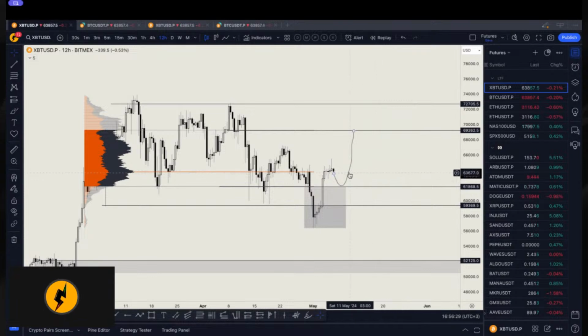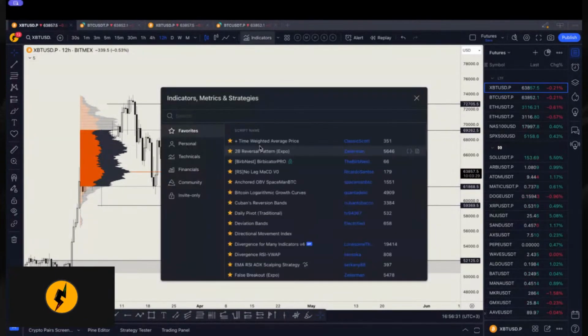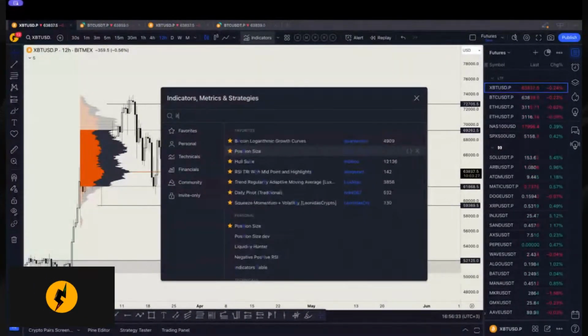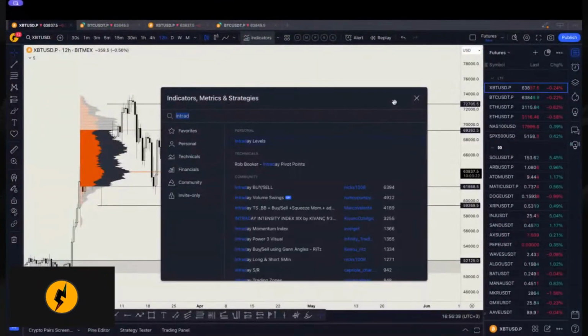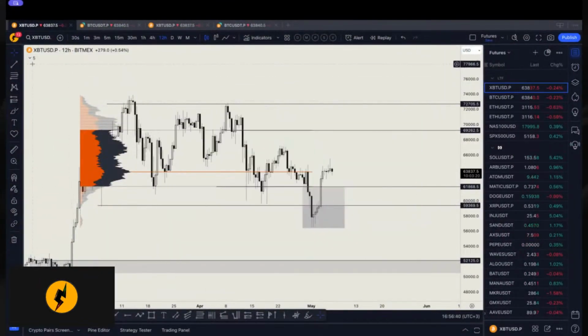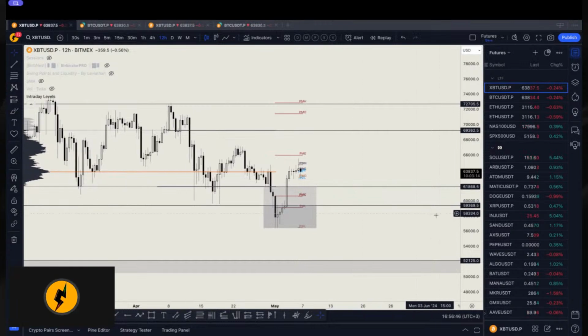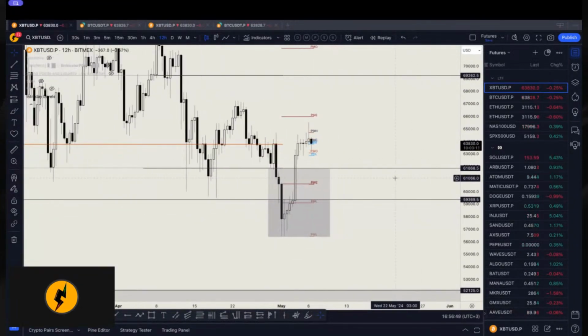Another thing that is important is that I have an indicator from a long time ago, which is called intraday levels.